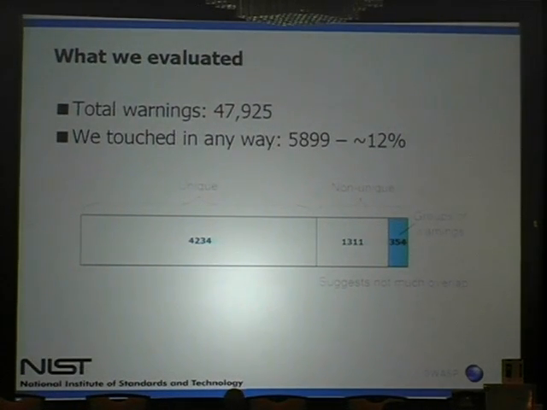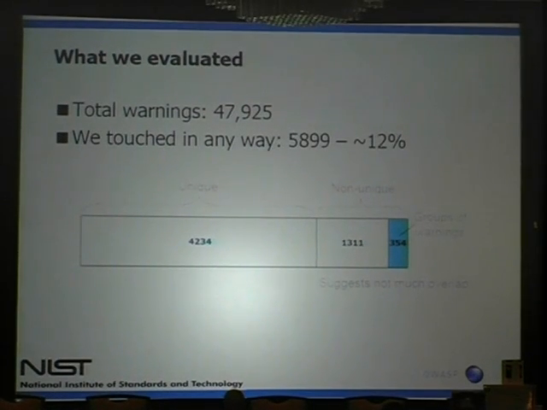This is a big part of the set. The other part is non-unique, and we were able to combine them into groups of warnings. So this suggests not a lot of overlap between the tools, but again, with the caveats of our analysis.